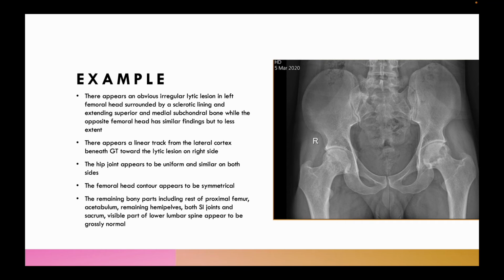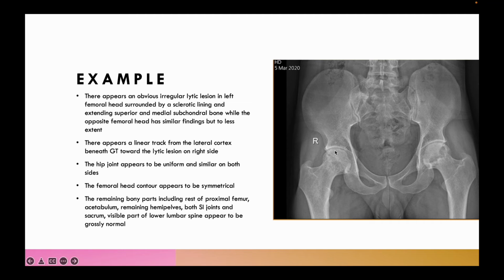Then comment upon the other abnormal findings that you are seeing in the radiograph. So there appears a linear track from the lateral cortex beneath greater trochanter towards the lytic lesion. Here you can see there is a linear track here which is going towards the lytic lesion on the right side.